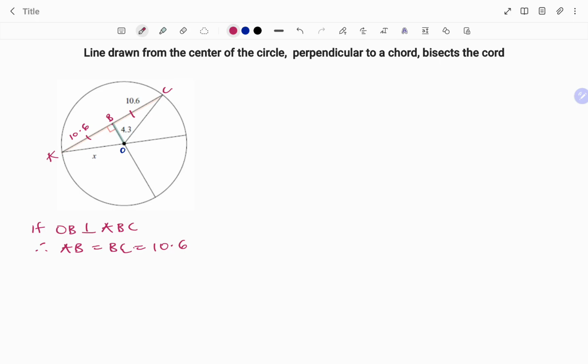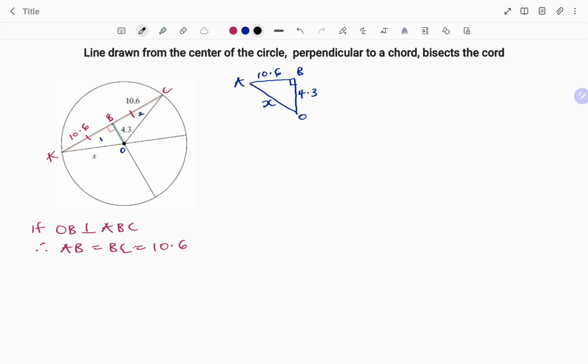So I have two triangles, 1 and 2. Looking at triangle 1, I'm going to make a rough sketch here. I have my 90 degrees, I have my B, I have my O, and I have my A. I am looking for x, which is also the radius, that is the line drawn from the center of the circle to any part of the circle. Thus AB is 10.6 and OB has been given as 4.3.